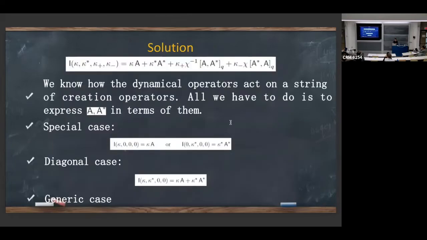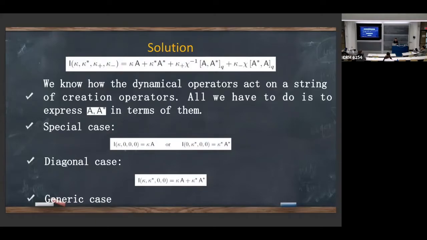All right, so here is the object that we are trying to diagonalize. It is the Heun-Askey-Wilson operator. In general, it has all these terms, A star, and the Q commutators. But we are going to consider different situations, different cases. The special case is the simplest, but a very interesting case, where you only have either A or A star.